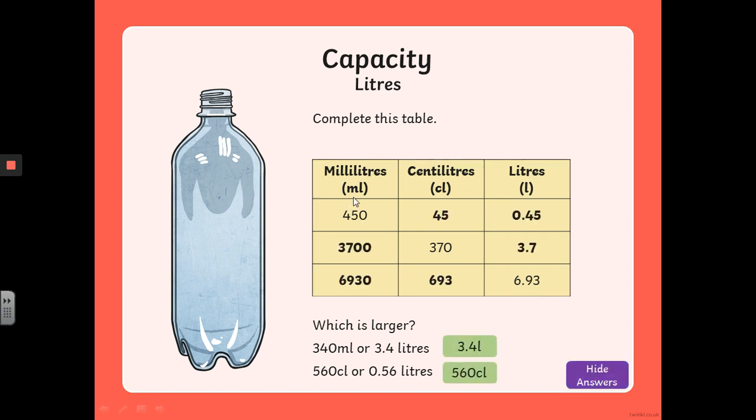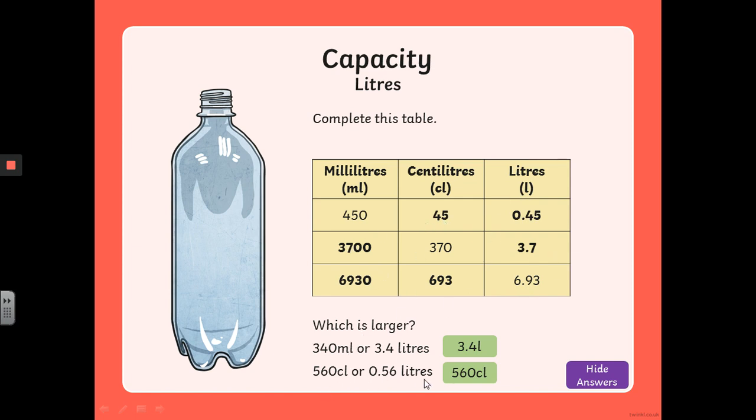Okay, so 450 milliliters is 45 centiliter and 0.45 liters. 370 centiliters is 3,700 milliliters and 3.7 liters. Could you make it exactly the same way? And which is larger?